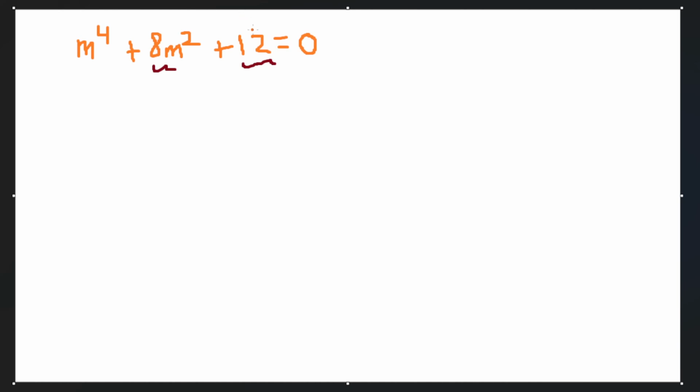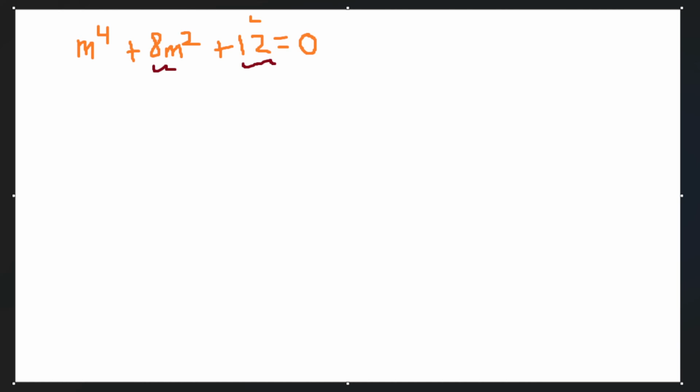But what we could do is try, for example, 4 and 3. We know that 4 times 3 is 12, but 4 plus 3 does not equal 8. It equals 7. So it can't be 4 and 3.